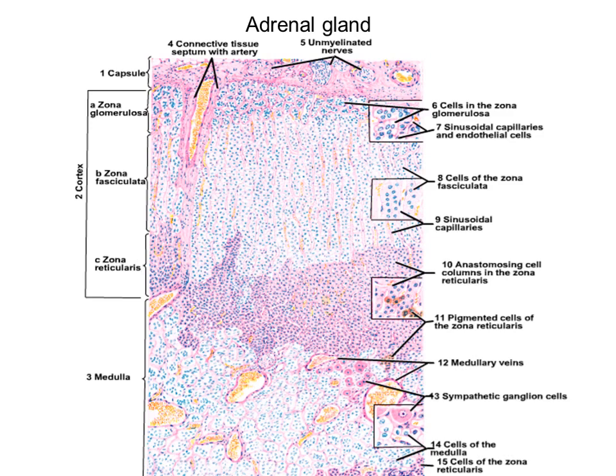Deep to the capsule we have the superficial plexus, from where the arterioles will descend down and reach the medulla directly or indirectly through the sinusoids of the glomerulosa, then the fasciculata, and then the reticularis, and then go to the medulla. So there are two pathways for these secretions to reach the medulla or the blood capillaries.